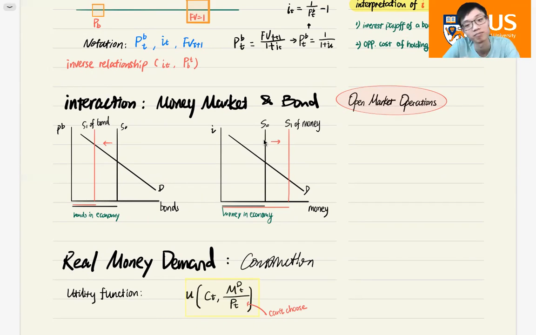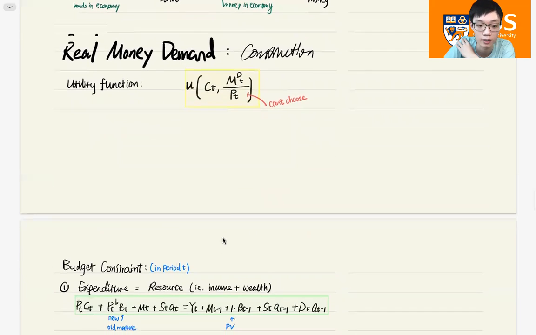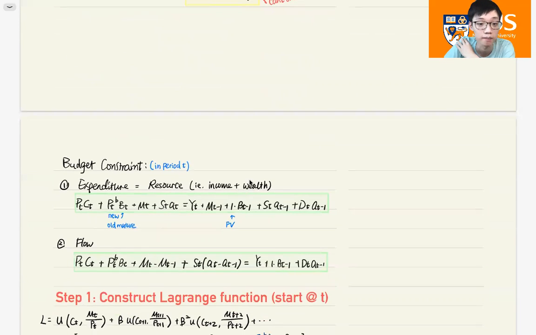So bonds reduce, money increases. So it is an inverse relationship, right? Then let's look at the real money demand and how to construct this budget constraint.